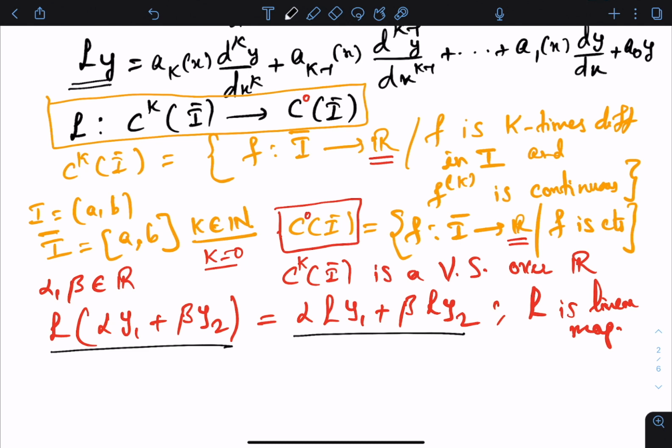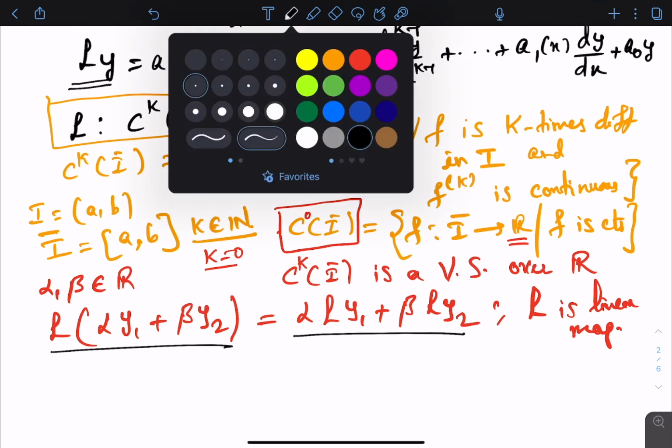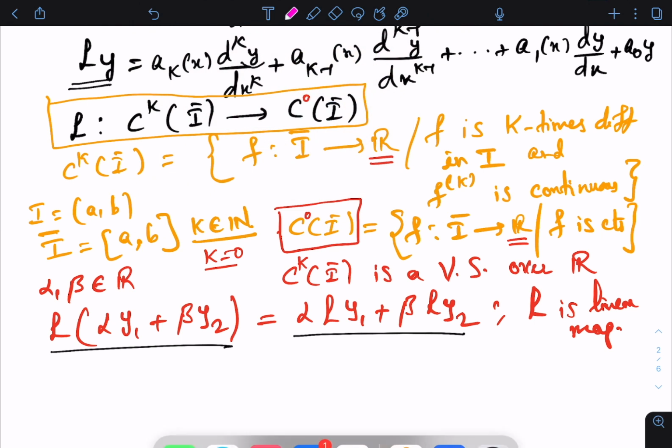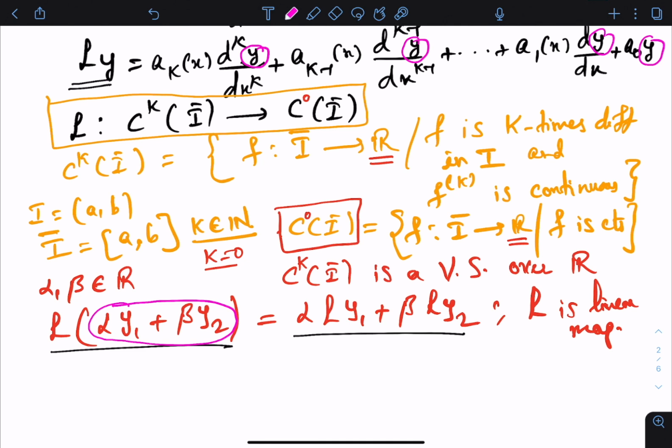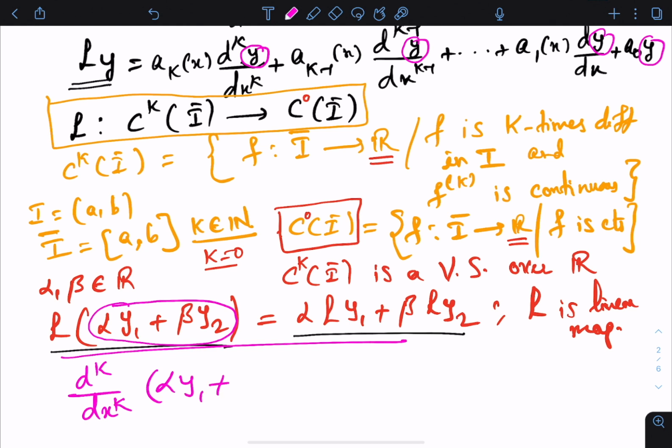Wherever you have y, y here, y here, all these y, you replace this, and then you see that this property that we are saying here, in fact for every k, d^k x^k has this property. It's linear.